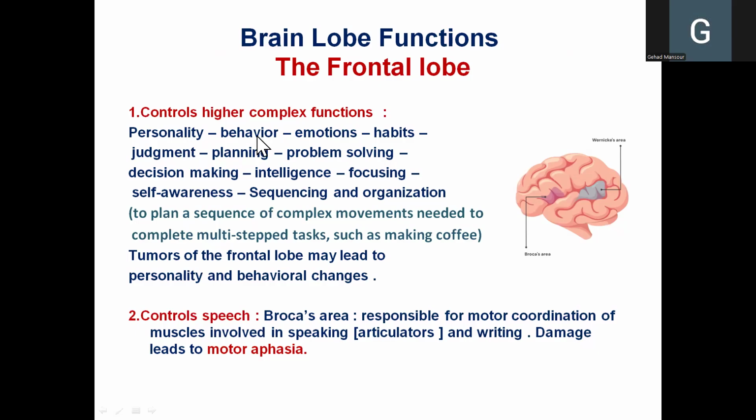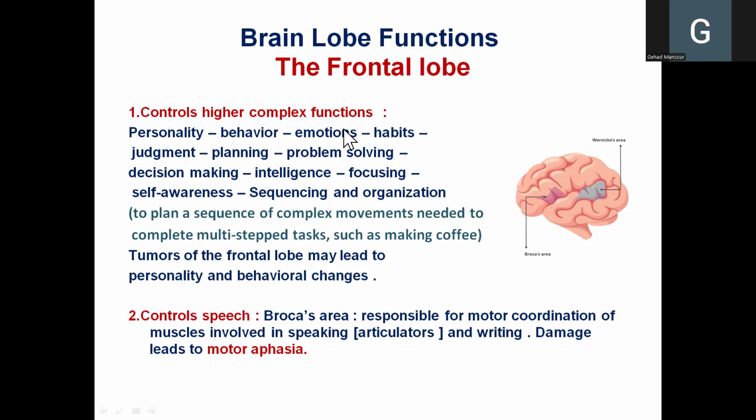It also controls behavior. We have talked before about the amygdala, and a removal of the amygdala makes the person aggressive, or the experimental animal actually aggressive. But here the frontal lobe is also responsible for behavior. So people who suffer from brain tumors can have changes in their behavior, changes in their personality, maybe more aggressive behavior, or maybe the opposite.